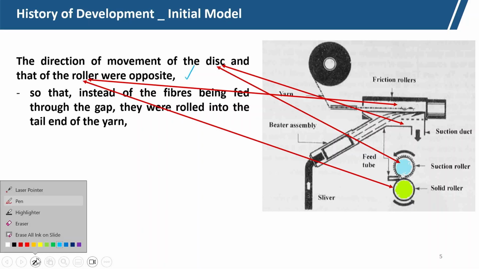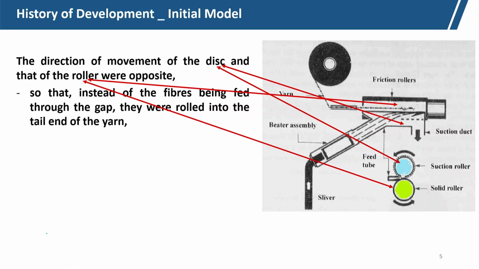This is required because instead of the fibers being fed through the gap, they were rolled into the tail end of the yarn. Suppose normally in a roller, this is moving in the anti-clockwise direction, and the bottom one is moving in the clockwise direction.